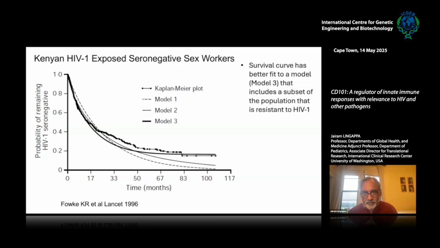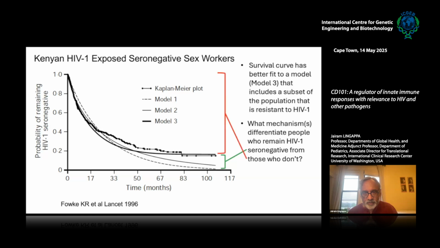So the question from cohorts like this remains: what are the mechanisms that differentiate people who remain seronegative, this group here, from the people who don't remain seronegative over time in a cohort such as this? And extensive immunologic studies of this cohort have still not clarified the mechanism that's involved in protecting these particular individuals.